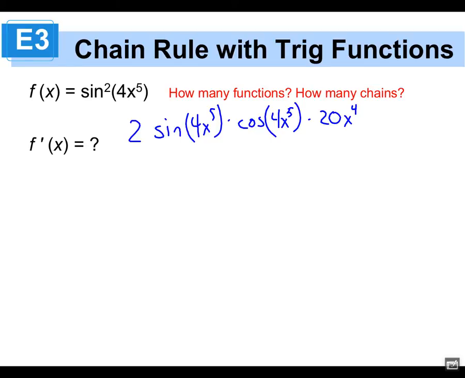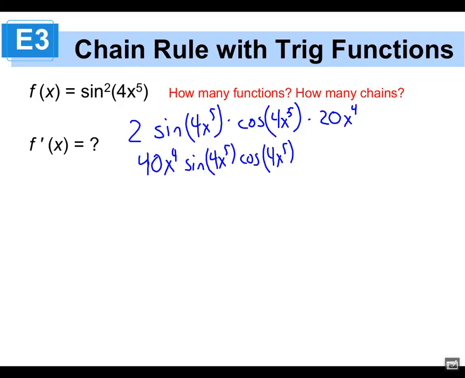Now, how to clean this up? It's a little sloppy to leave stuff on the back end. We usually want to move that to the front. So if I was cleaning this up, I'd get 40x to the 4th times the sine of 4x to the 5th times the cosine of 4x to the 5th. And I'm all done.